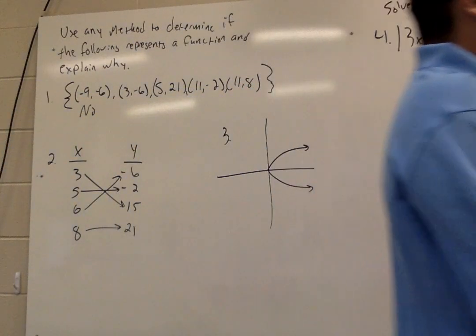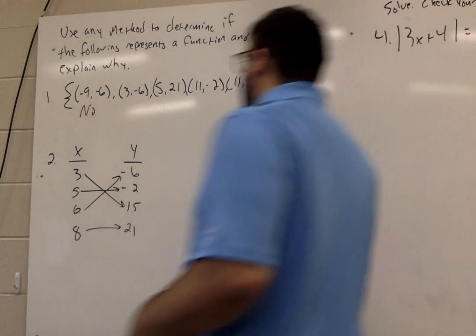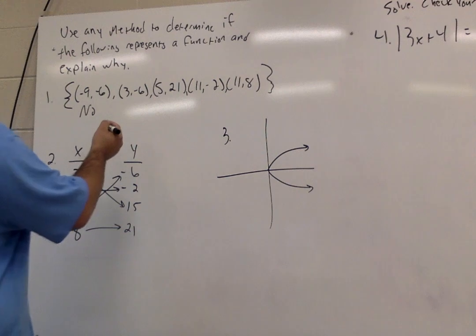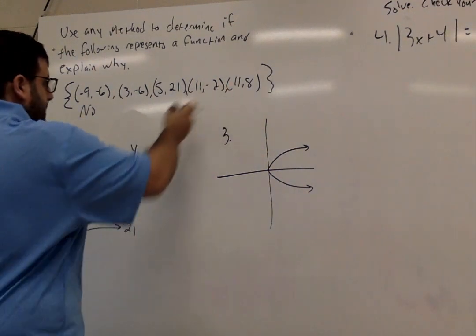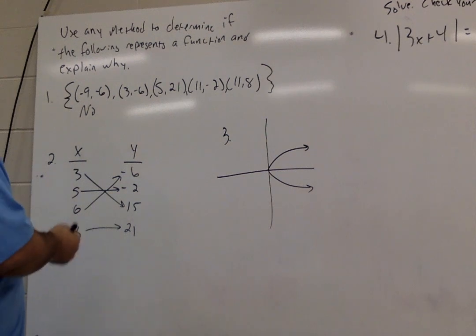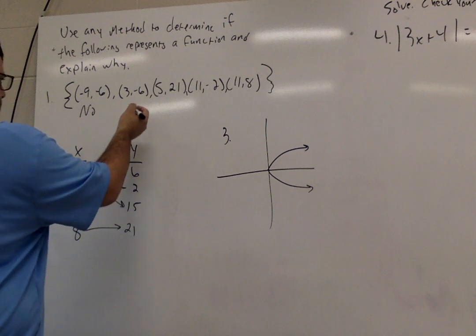And so there'll pretty much be 2 blanks, right? One will be, does this represent a function? Yes or no? The second blank will be for you to explain why. Okay? So now why does this not represent a function? Now you can be very specific and say that 11 is mapped to 2 different y values, well, actually, that's what we'll go with.